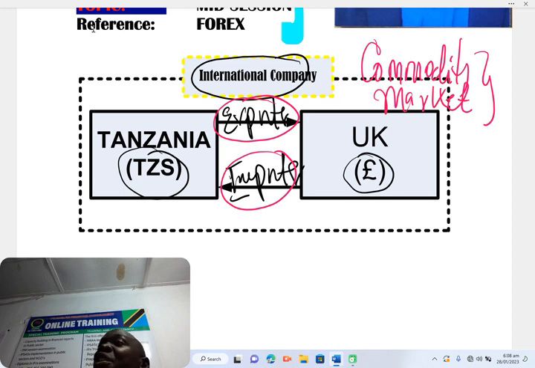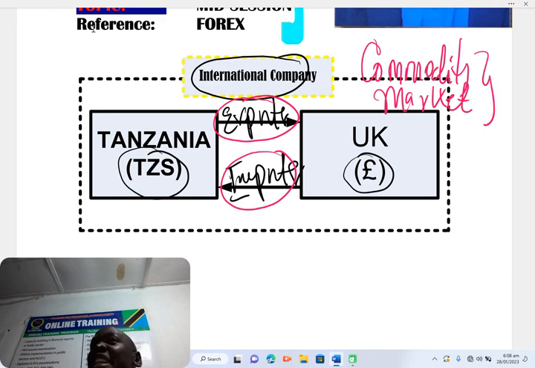If you are having international experts in our country, and you are paying them, and if these international experts are being paid in their currency, for example, if the salary on their contract has been pegged in dollar, and you are in Tanzania, if you are paying the salary at the end of the month, you must convert the amount of dollars to the Tanzanian equivalent at the spot rate.